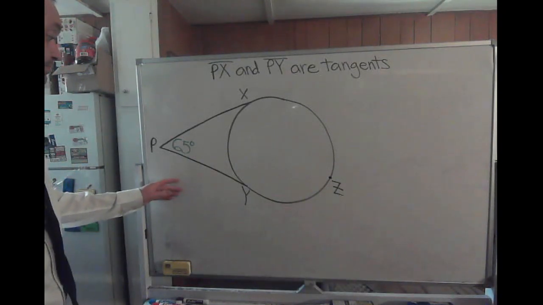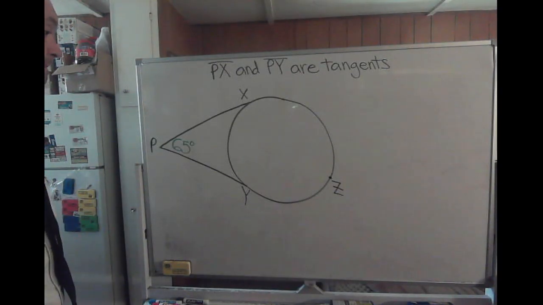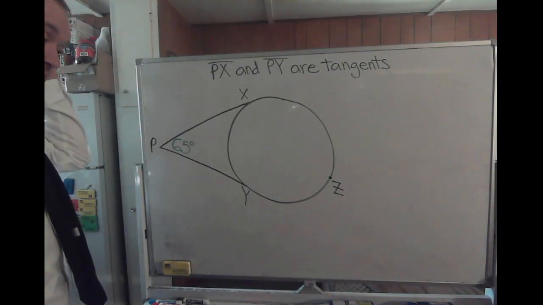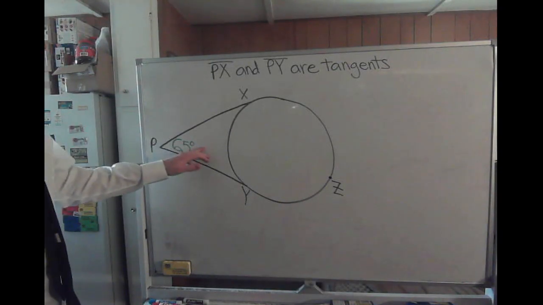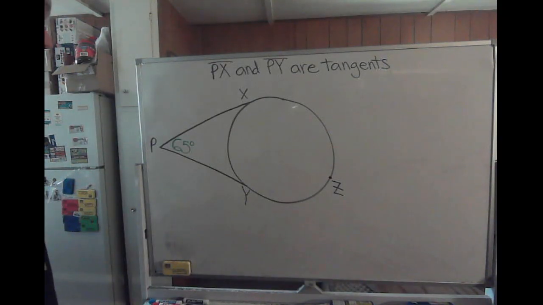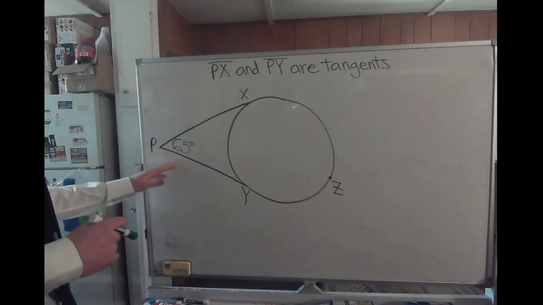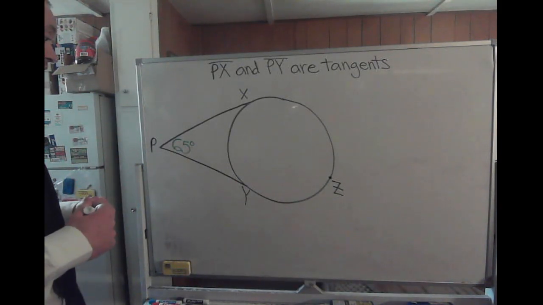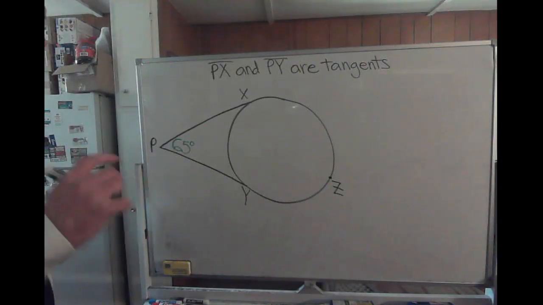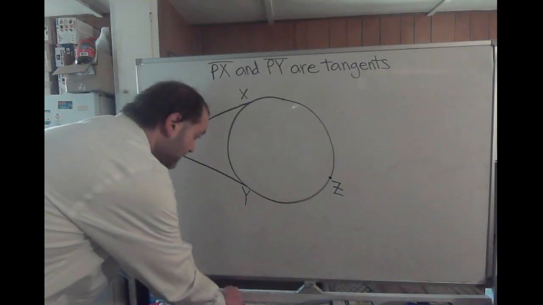Well, this is going to be a bit of a doozy because we're going to have to figure out these missing arcs. So what we're going to have to do is we know that ultimately the angle formed by two tangents is what?